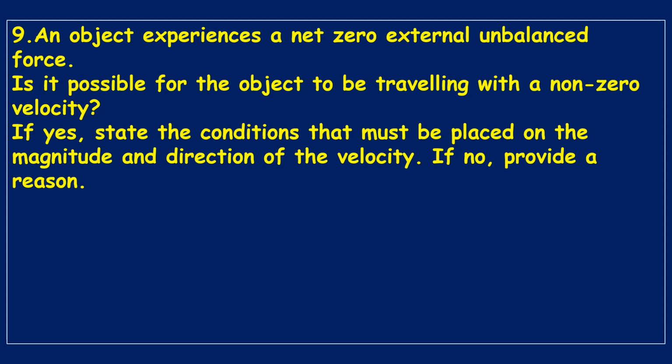If yes, state the conditions that must be placed on the magnitude and direction of the velocity. If no, provide a reason. This is the question. See here, the object is experiencing a net zero external unbalanced force. No unbalanced force is working on it. Now, what will be the answer?